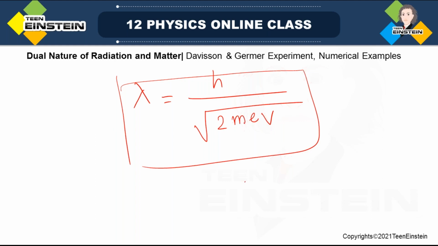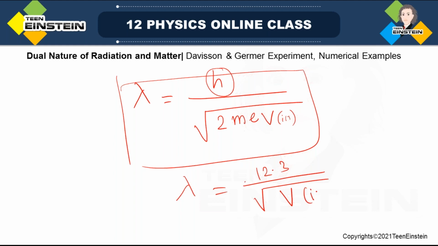If we put the value of m, mass of the electron, e, charge of the electron, and Planck constant, and V is in volt, then you get 12.3 divided by root V. V is the applied or accelerating voltage. If you keep this in volt, whatever you get will be in angstrom unit.